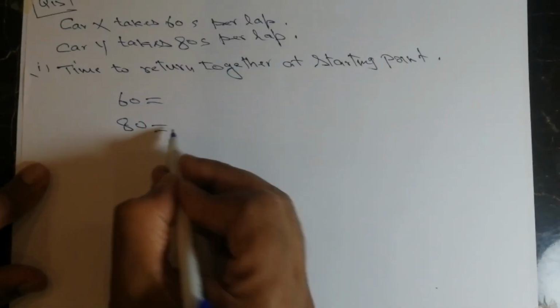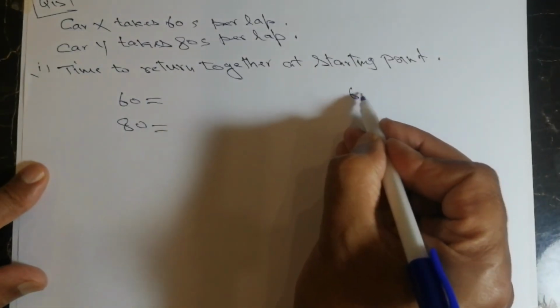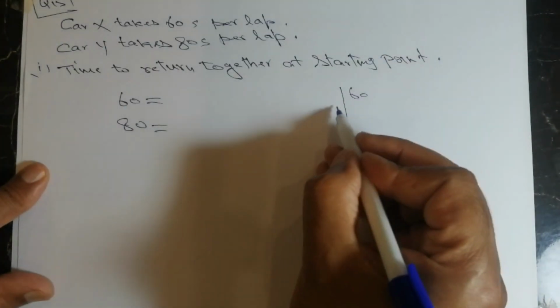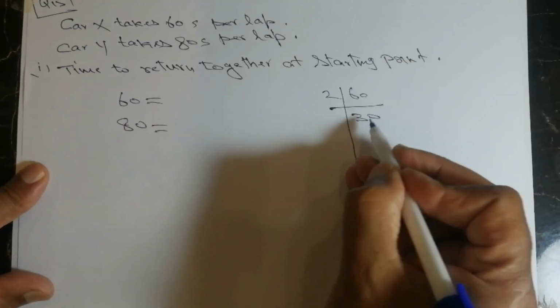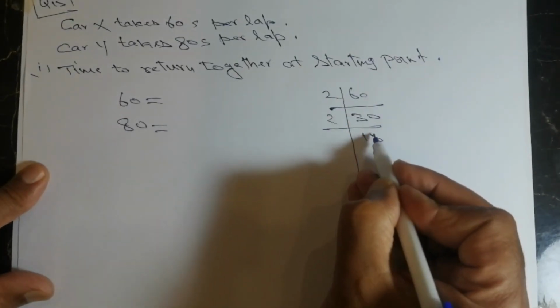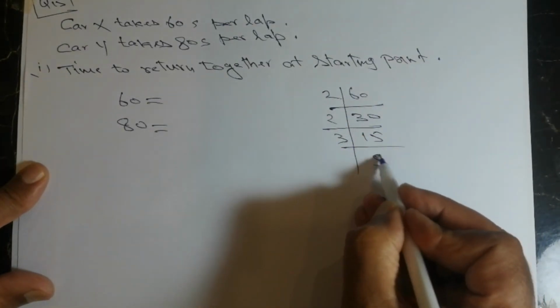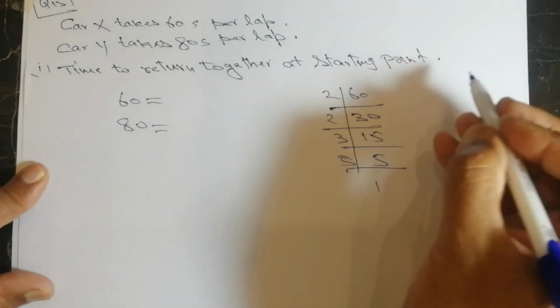So factorization. 60: 2 3s are 6, 2 15s are 30, 3 5s are 15, 5 1s are 5.